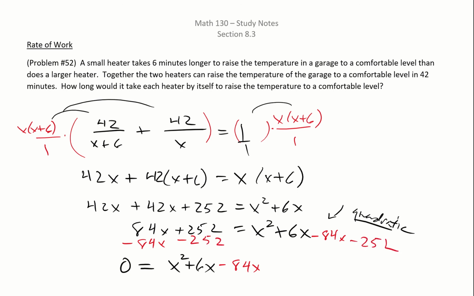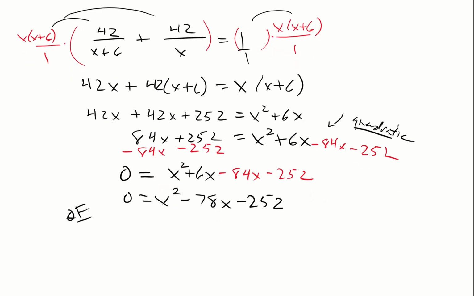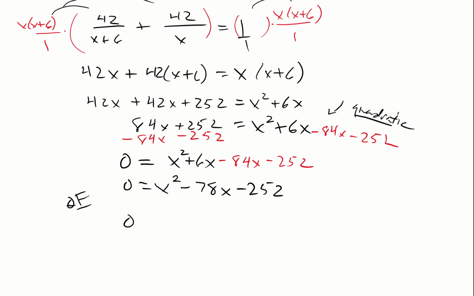Okay. All right, so 0 is equal to x squared, this would be minus 78, right? x, and then minus 252. And once again, I don't want to factor that. Turns out it doesn't anyway, because look, I got this.